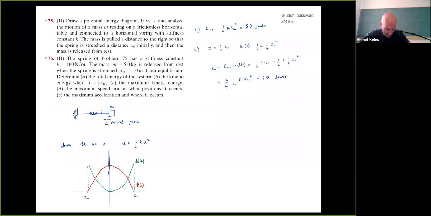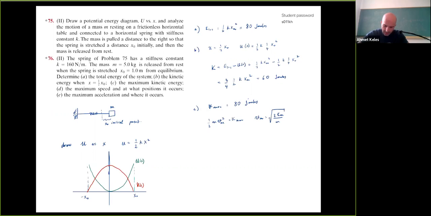That's B. C, maximum kinetic energy. So that's K max. I know what this is, 80 joules. And D, maximum speed, and at what point. I think we already said where it occurs, but 1/2 m v squared is K max, so v max is equal to the square root of 2 K max divided by m.